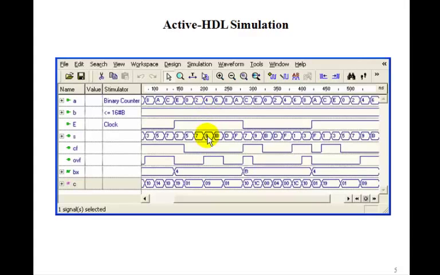Well, the 9 shows up here, but notice that the overflow flag is set, indicating that as a signed number it's the wrong answer, because as a signed number, you remember for a 4-bit number the values have to range between minus 8 and plus 7, and so plus 9 is outside that range. So the overflow bit gets set in the same way as it would for a full adder.